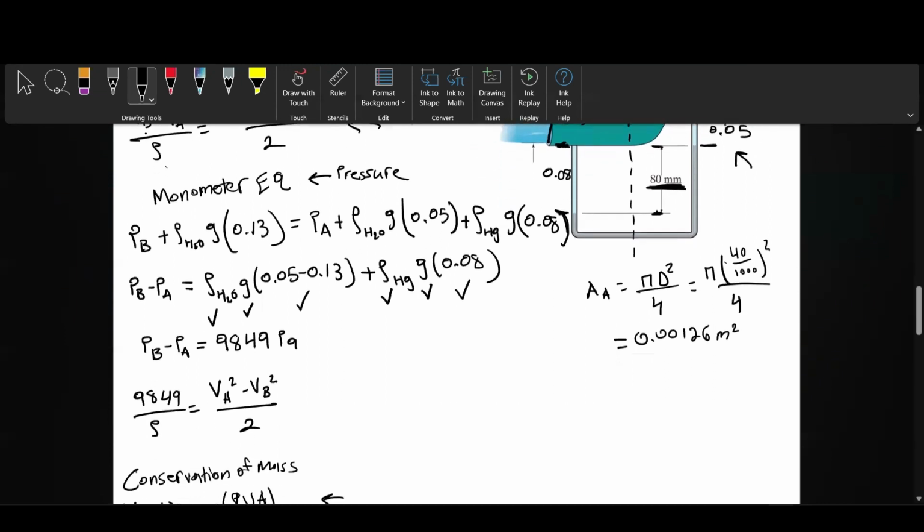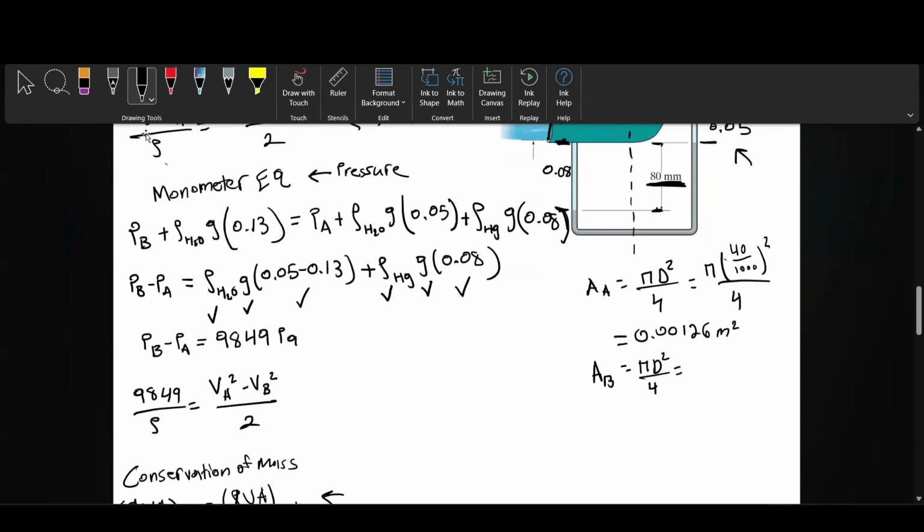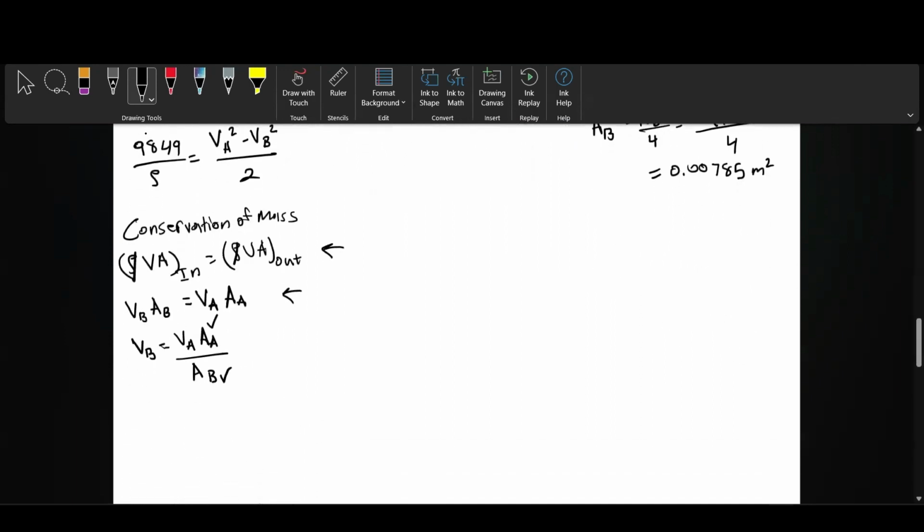We're going to do the same thing at B. So AB equals pi d squared over 4. Our diameter is 100 millimeters, so that's 0.1 meters, but I'll just write it down here as pi 100 over 1,000 squared over 4, and we're going to get 0.00785 meters squared.